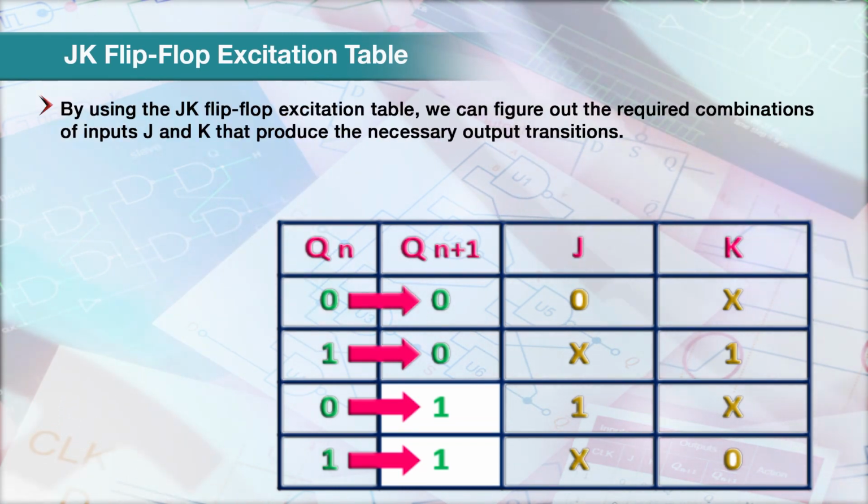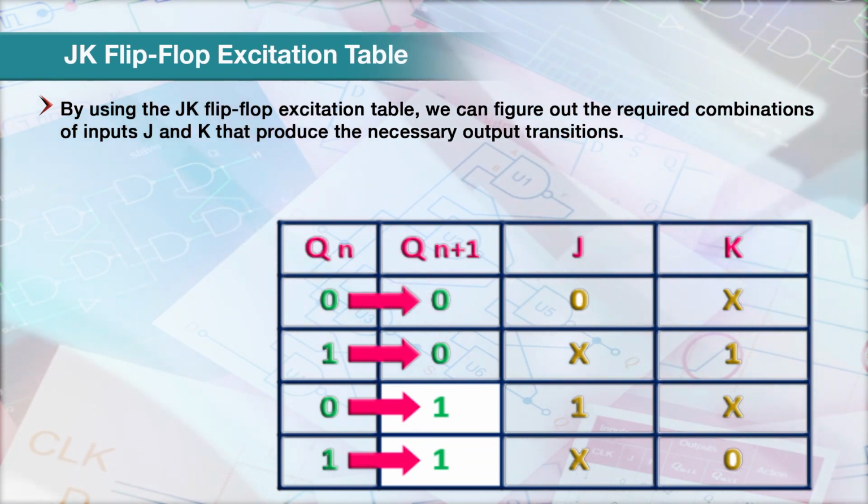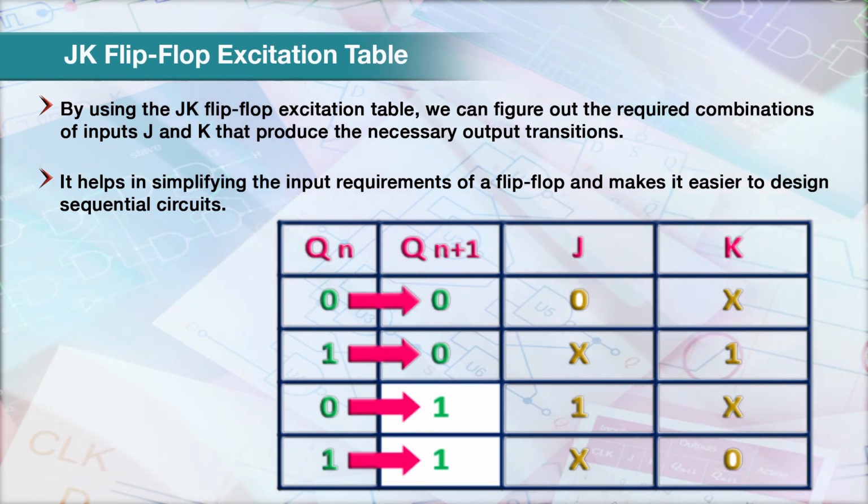By using the JK flip flop excitation table, we can figure out the required combinations of inputs J and K that produce the necessary output transitions. It helps in simplifying the input requirement of a flip flop and makes it easier to design sequential circuits.